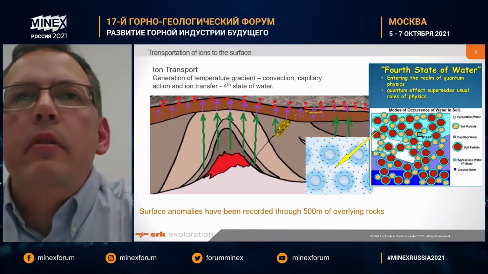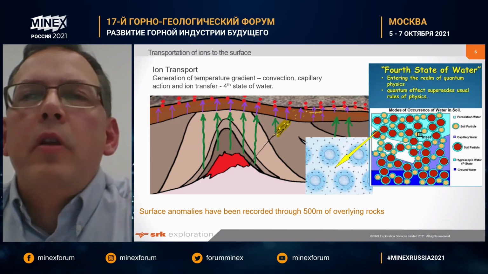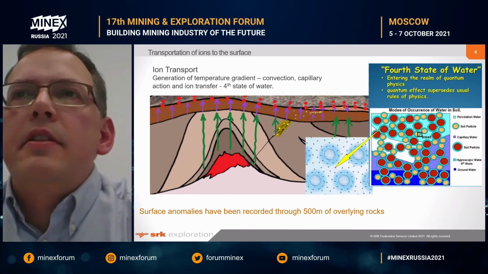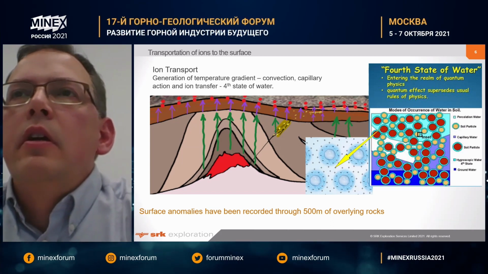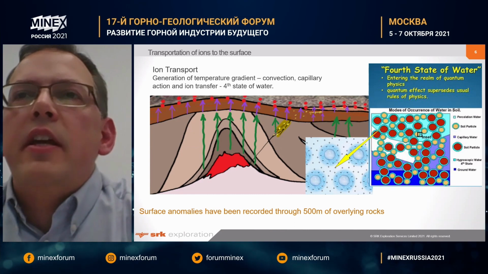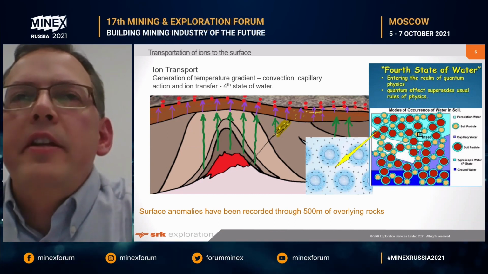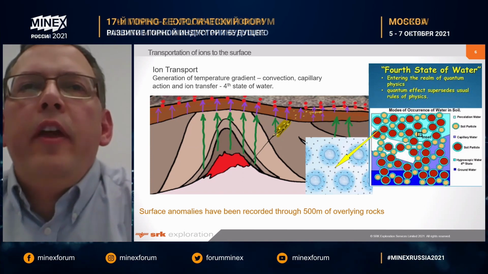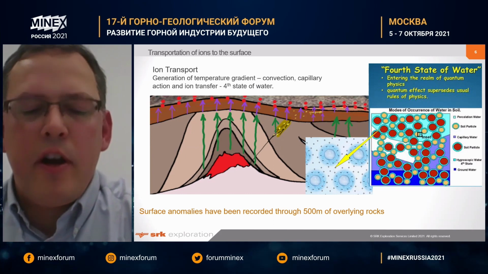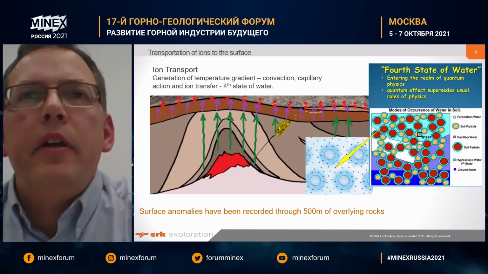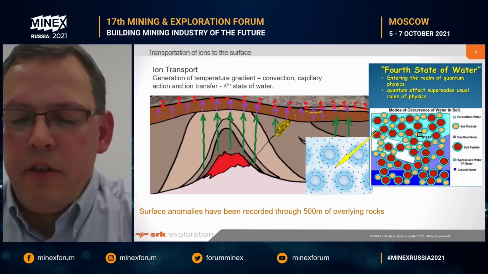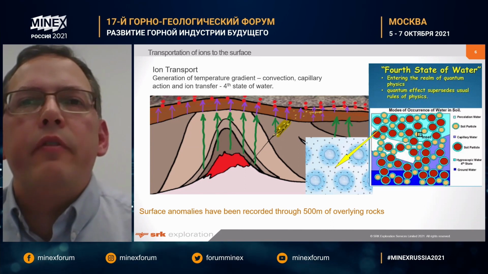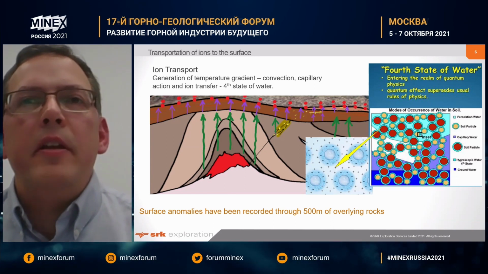Once they reach the water table, what appears to happen is that the ions travel directly to the surface, or as close to the surface as possible, using a type of quantum physics, which operates at a very, very small scale. The important thing to consider is that whilst the transport methods themselves might not be definitively known, the facts do bear this out, that it does actually happen, by known discoveries that have been detected using ionic leach.